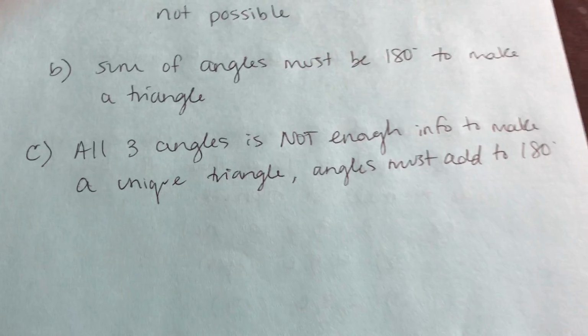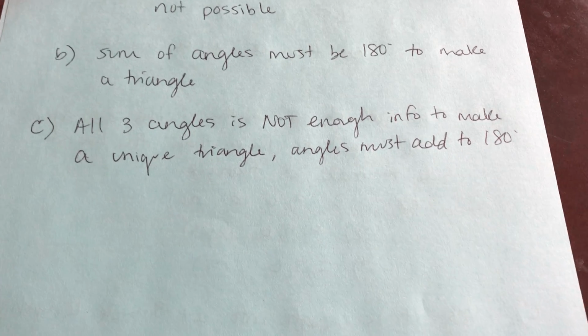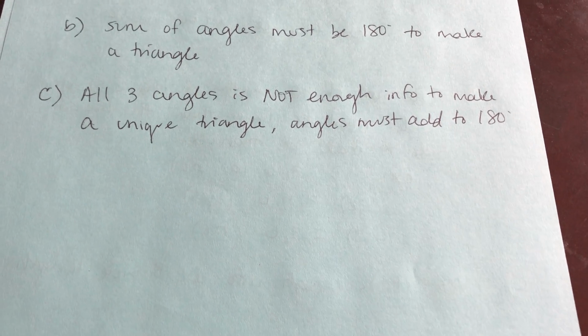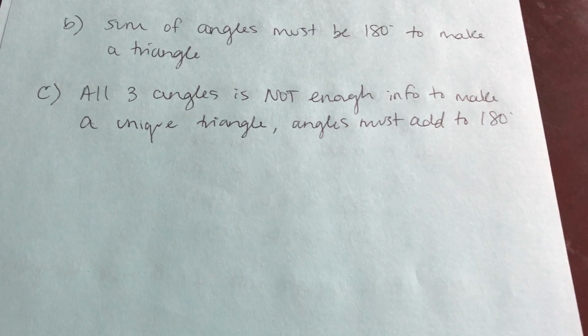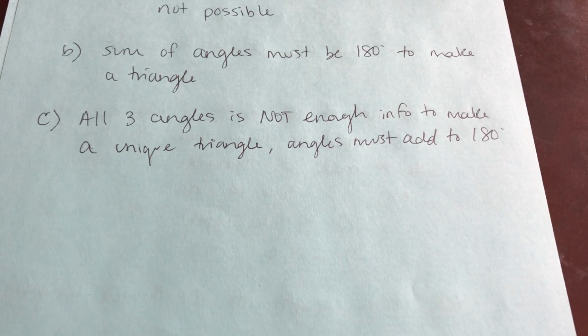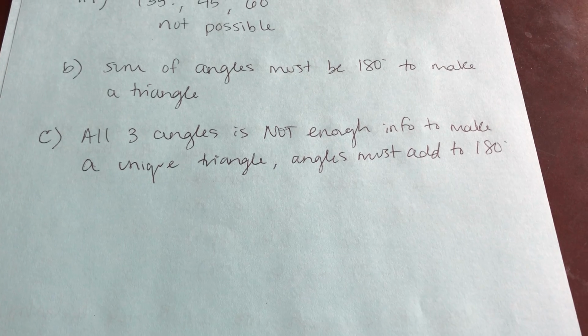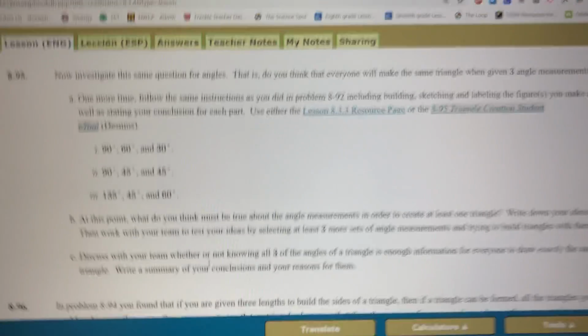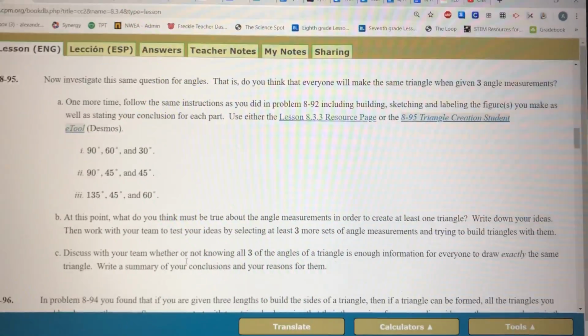For part C, here's what I put. All three angles is not enough information to make a unique triangle. Angles must add to 180. So the angles might make a smaller version of the triangle, but it won't make the exact same triangle as it would if you had the same side lengths.